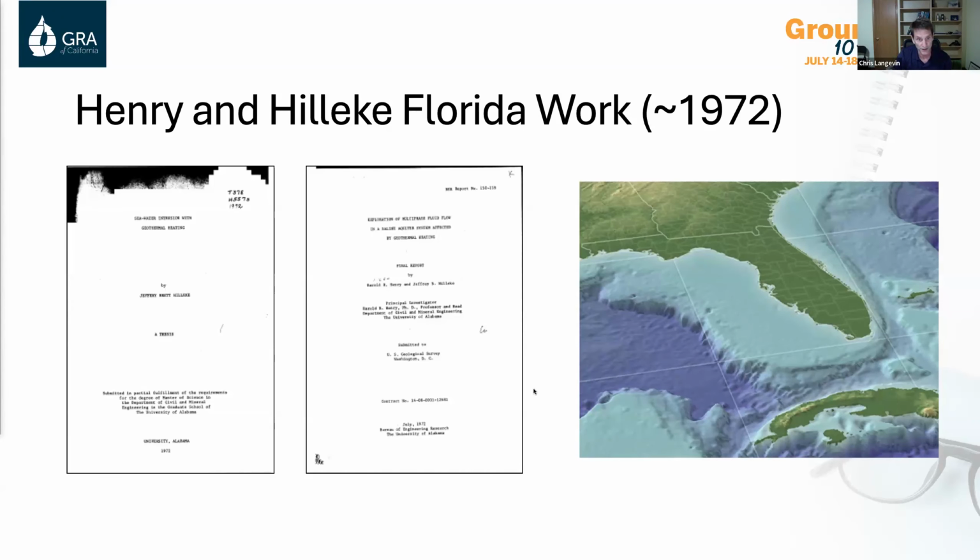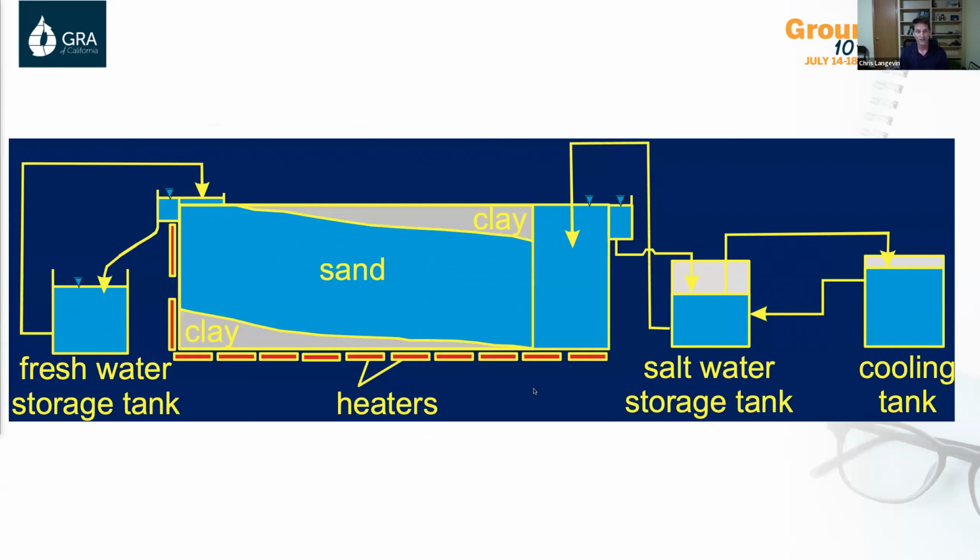And one of the things that they did was build this laboratory tank. And I talked about this at the last MODFLOW conference, so this may not be new to some of you, but they built this really interesting tank to sort of pattern what groundwater flow system we would expect in the Floridan aquifer system.